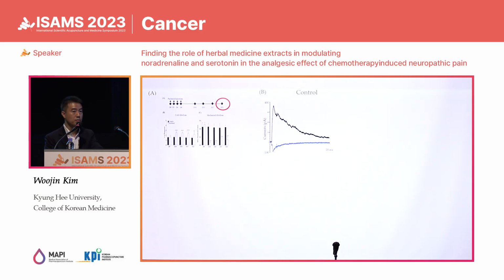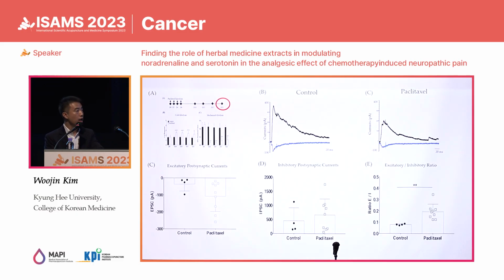The control has a bigger inhibition current, and with paclitaxel, the inhibition current decreases, and likewise the EI ratio, the excitation-inhibition ratio, changes not because of the excitation, but because of the decrease in the inhibition. So with these interesting results, in our lab we are trying to find herbal medicine or acupuncture approaches to increase the function of GABAergic or inhibitory neurons in chemotherapy-induced neuropathic pain.